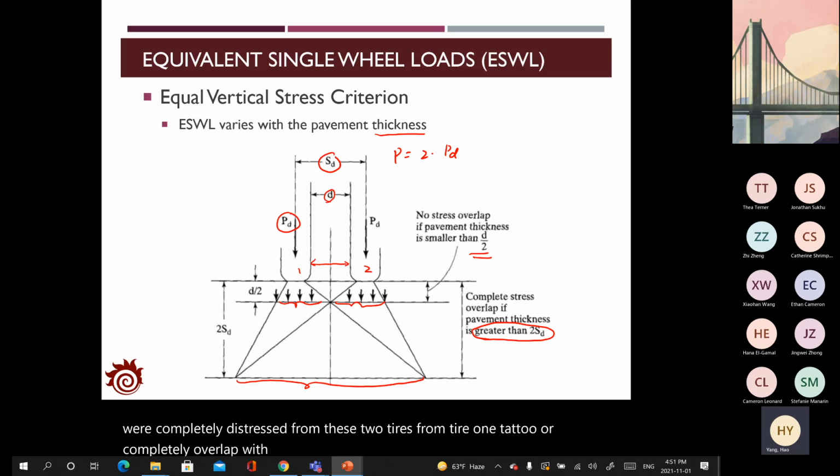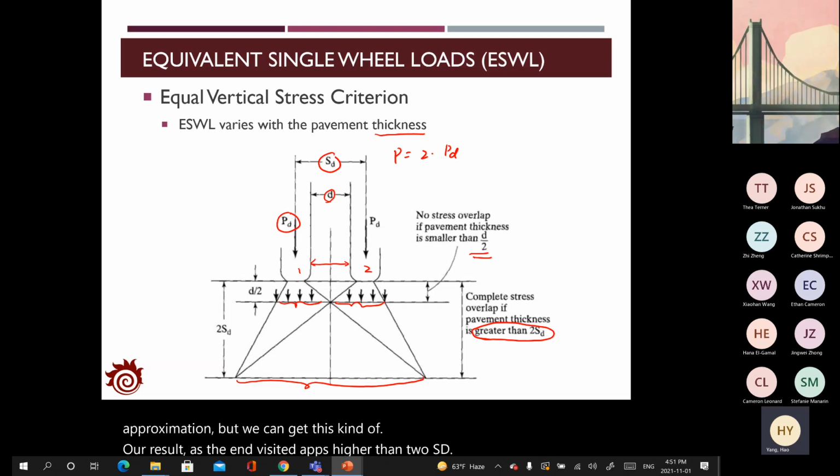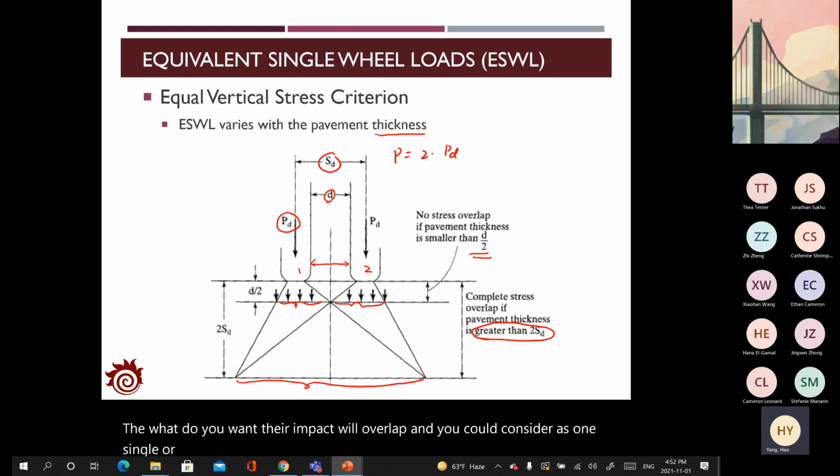Of course, this is just an approximation, but we can get this kind of result. At a depth higher than 2 SD, their impact will overlap, and we can consider it as one single tire, with the stress generated by one single tire with the load of 2 PD.